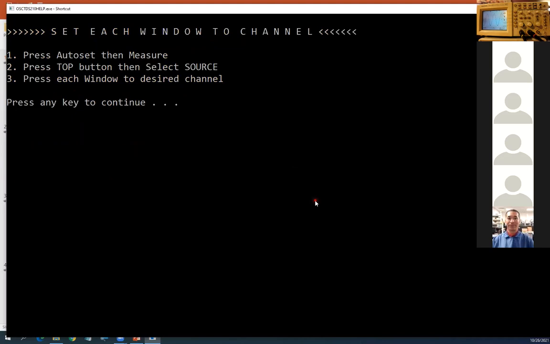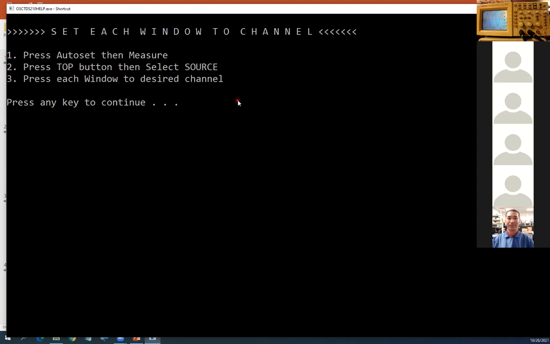If you don't know how, it can tell you: first, press auto set, then measure. Next, press the top button, then select the source. And now you can press the window to channel 1 or 2, whichever you want. That means for people who don't know how to do it, that's what you need this program for.